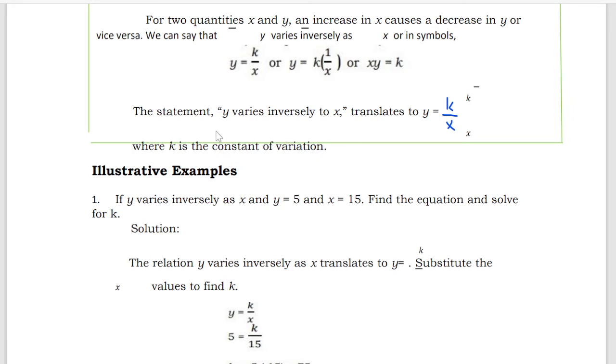When you say constant, it doesn't change. So the k is just there. It is constant.